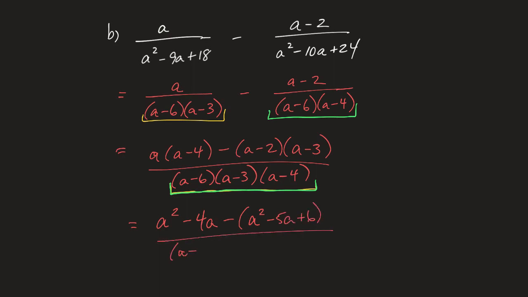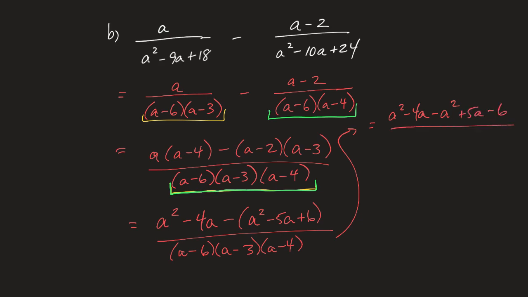A lot of people will skip that step because they're not going to fall into the trap of that negative on their last term. They'll expand the a's and then subtract them. They'll get a negative 3a and a negative 2a and a negative 5a, subtract them. They'll get a positive 6, subtract it. And they'll go straight to that line.